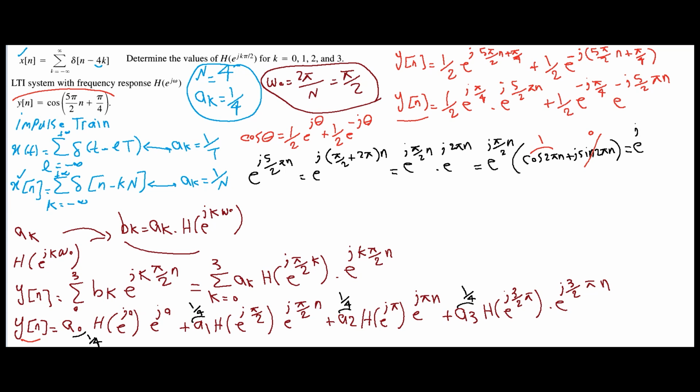Therefore, e^{j5πn/2} equals e^{jπn/2}. Similarly, e^{-j5πn/2} can be written as e^{j3πn/2}.